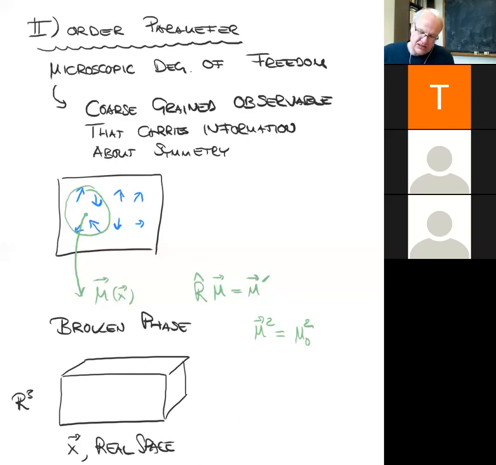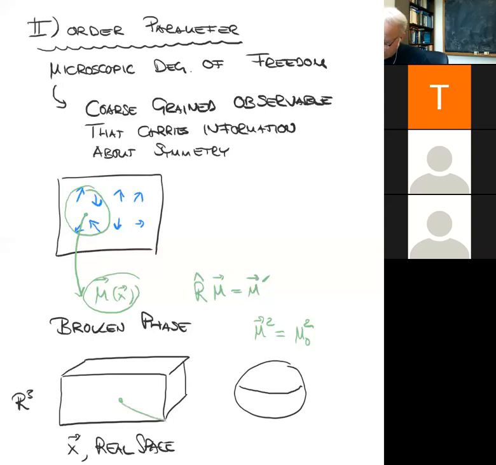This means that the possible order parameters of this system don't live in a three-dimensional space, they live on the surface of a sphere. So there's an order parameter space, which is the possible directions of this vector M. And what the order parameter field M of x is, effectively, is a map from real space, which is R cubed, into order parameter space.